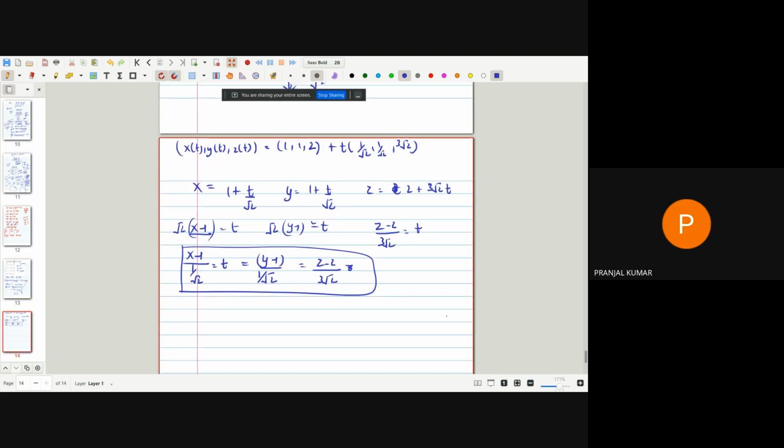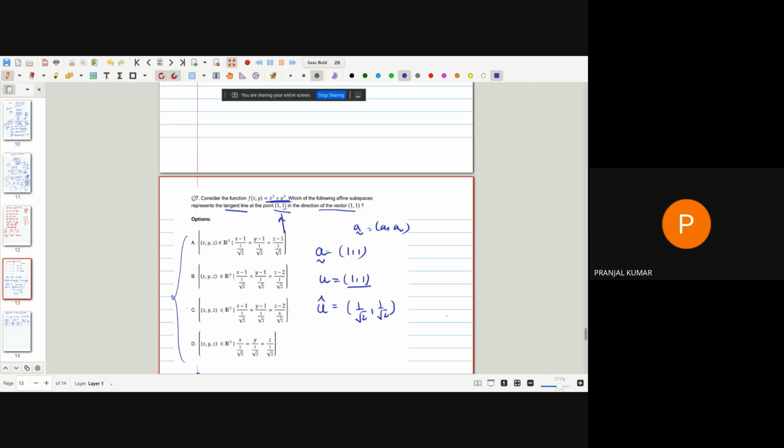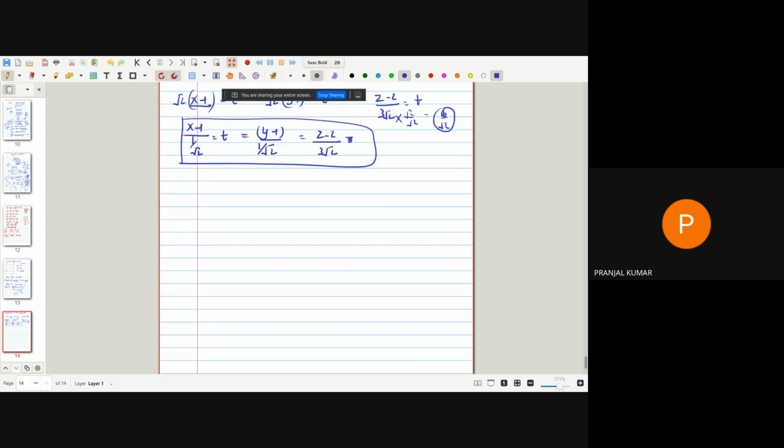Third option. So what they have done is they have rationalized it. So you can do square root of 2 by square root of 2, so you will get 6 by square root of 2. So just match it. So is this the answer? Yes, sir. Okay, so nothing much.